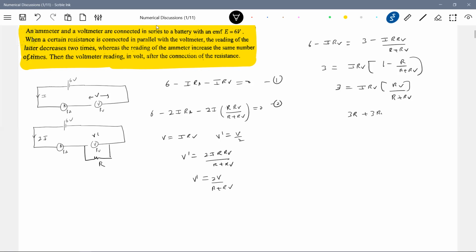Three R plus 3 RV is equal to IRV square. I wanted the reading of this one, no? V dash. So for that, it is asking some numerical value.